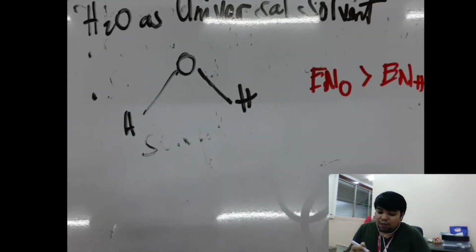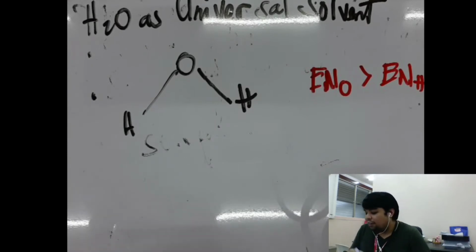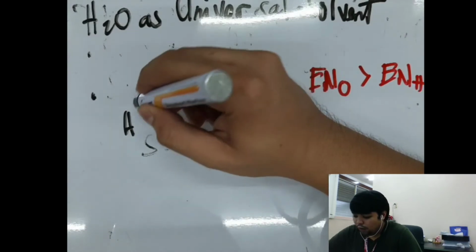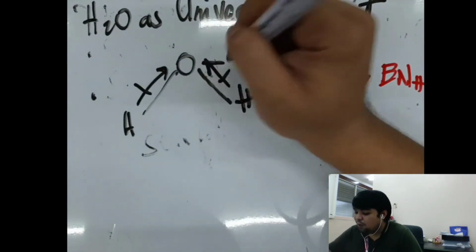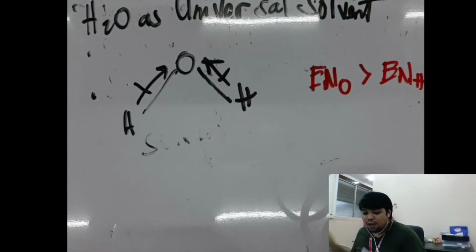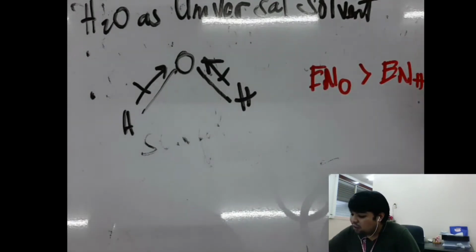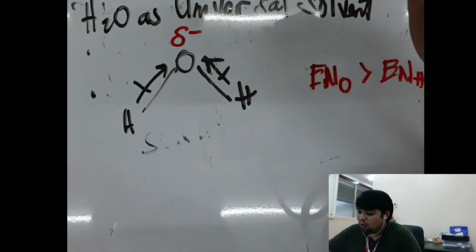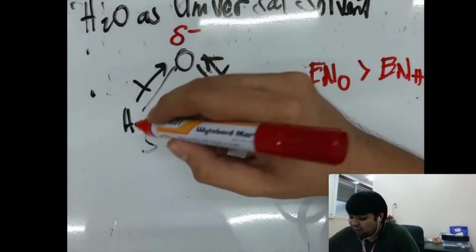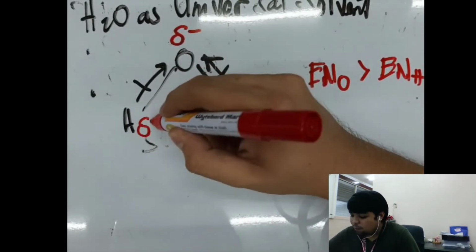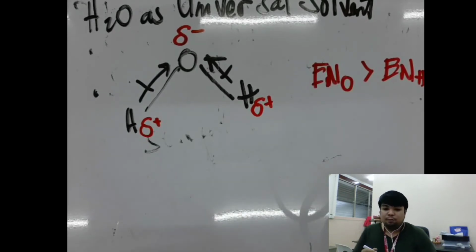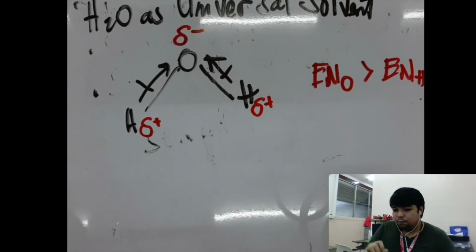Because of that feature, the oxygen has a greater propensity to pull electron density towards itself from the hydrogen atoms, thus making the water molecule contain a partially negative end, which is on the oxygen atom, and a partially positive end, which is on each of the hydrogen atoms.